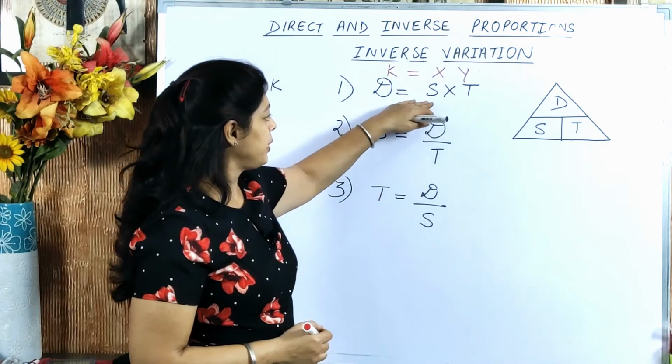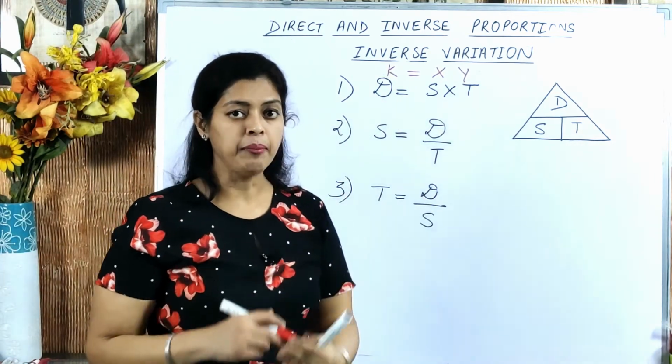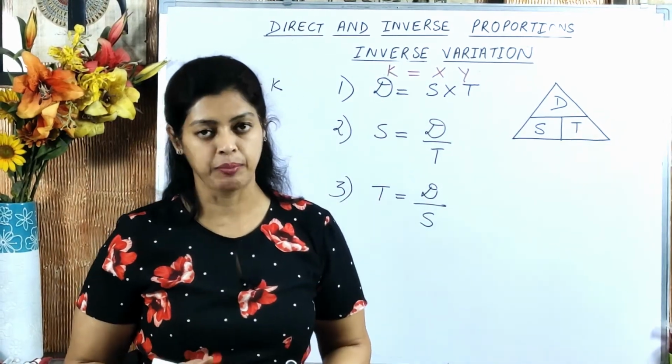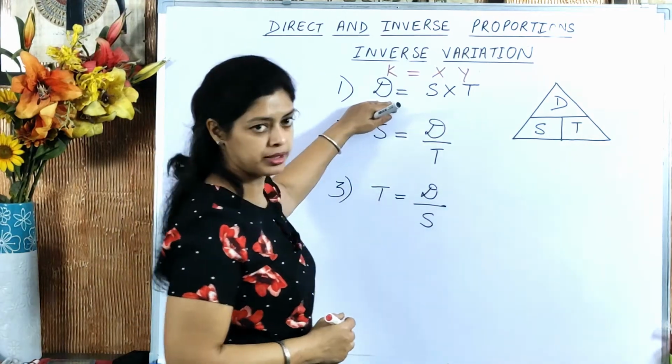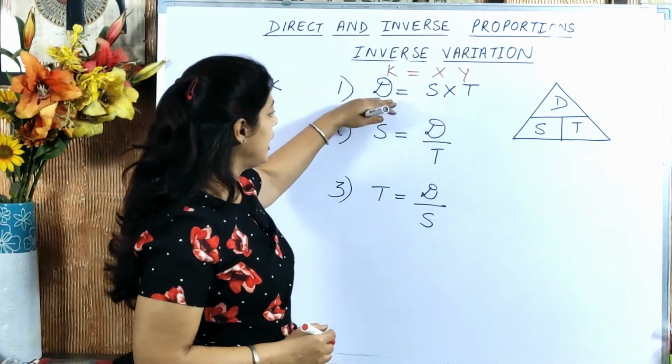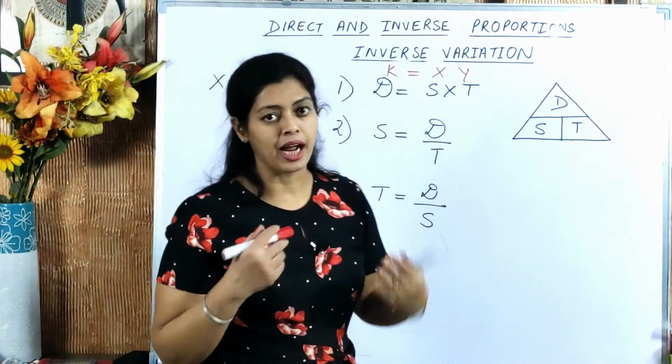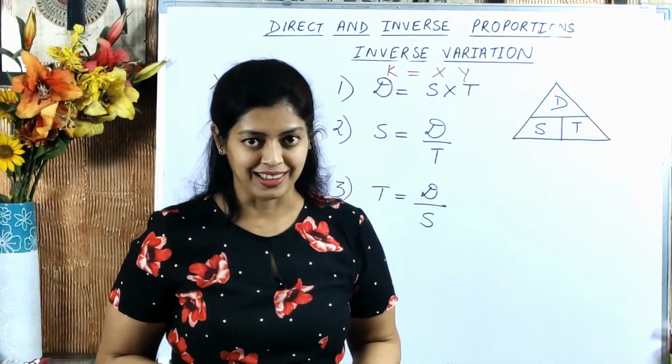Similarly, if the speed decreases, time taken will be more to cover the same distance. That is, the distance is kept constant. So we can say that if distance is constant, speed and time vary inversely with each other.